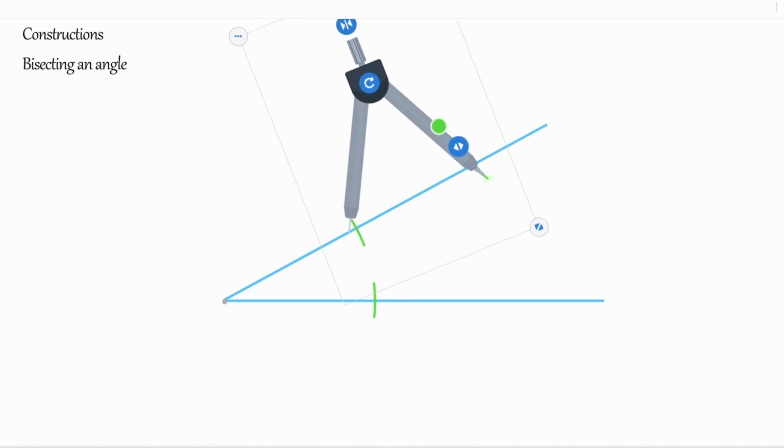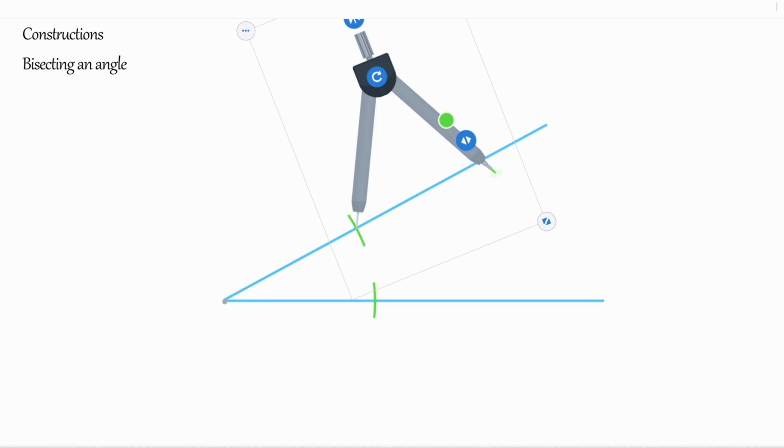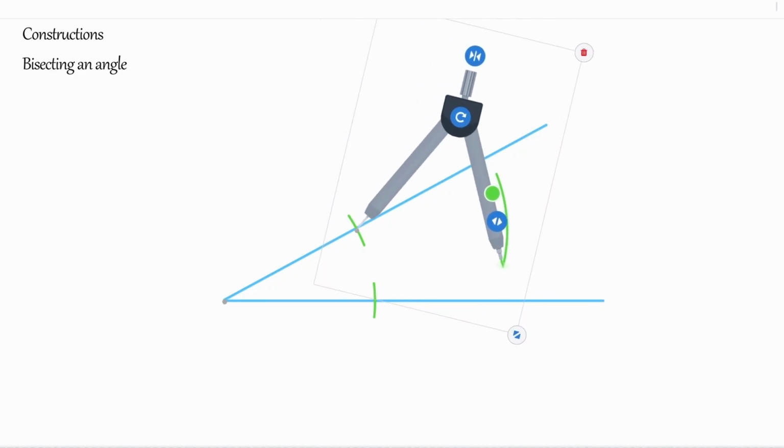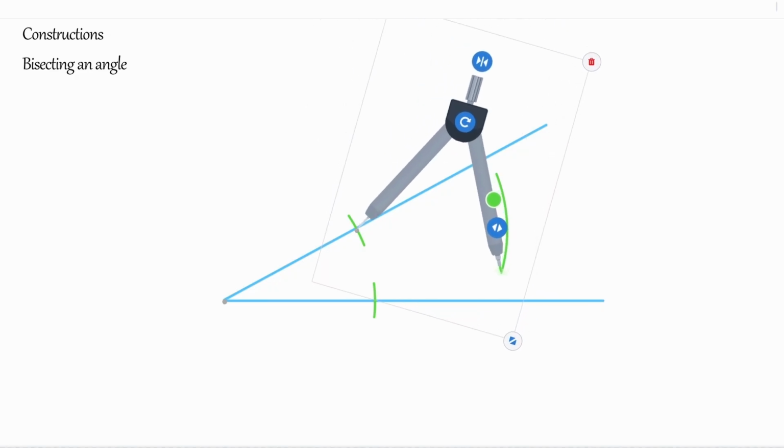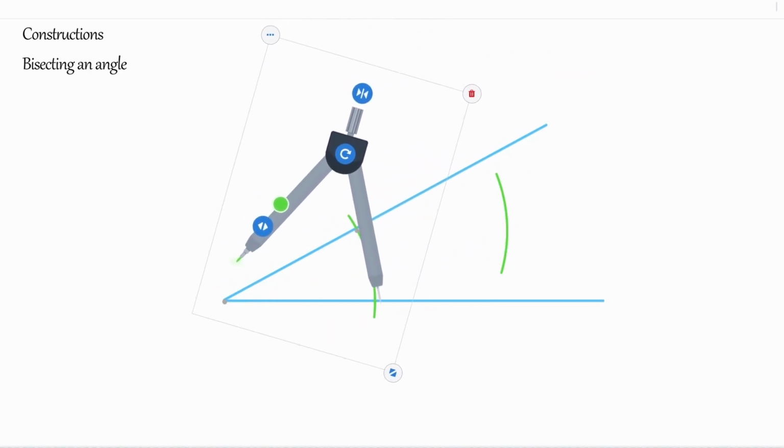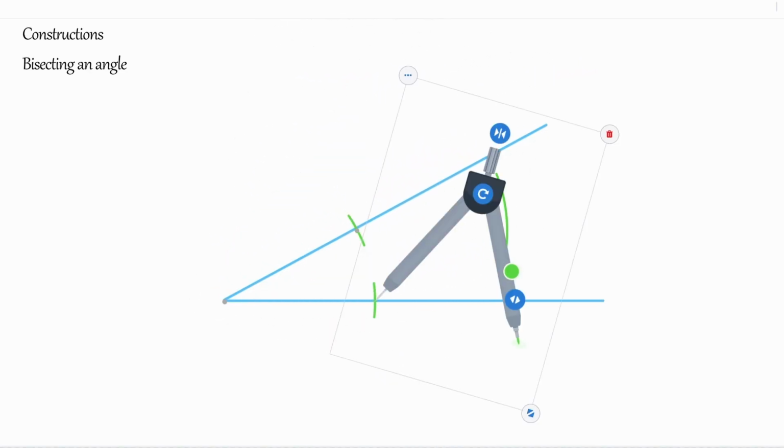Without changing the width, we are now going to put the compass where the line intersects the arc. So we are going to draw another arc by first putting our compass at this point, and we are going to do the same thing by putting the compass where the arc intersects the bottom line.